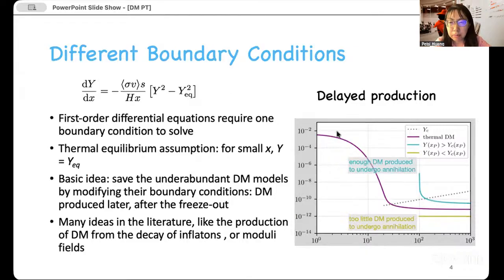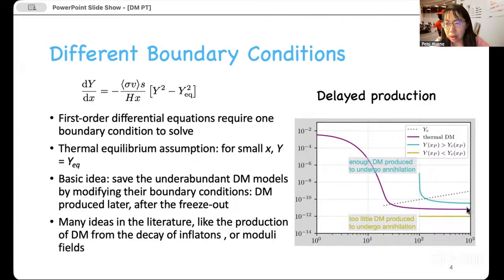So here in this plot, we plot the relic abundance, the solution to the Boltzmann equation with the same annihilation cross-section for all three lines, but different boundary conditions. The purple line is the usual thermal case, and for the blue line, the dark matter is produced later than the freeze-out, and the initial abundance is higher compared to the thermal case.